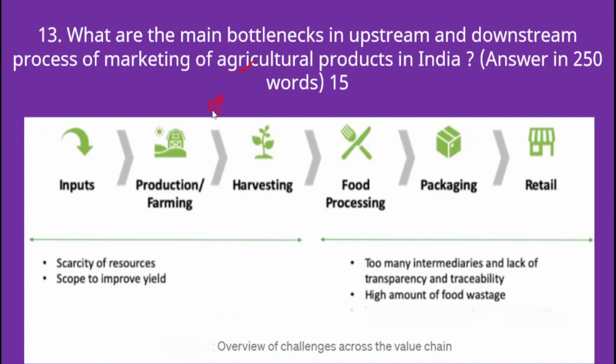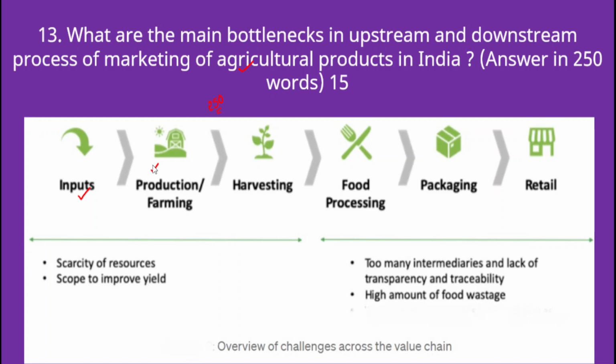So first you have to understand what exactly the agriculture supply chain means. So what is the process, how the agriculture supply chain usually looks. Now if you look at the agriculture supply chain, first we need to talk about inputs. What are those inputs? For example, fertilizers, machinery, seeds. So everything will come under the inputs. And secondly, we need to talk about production of farming.